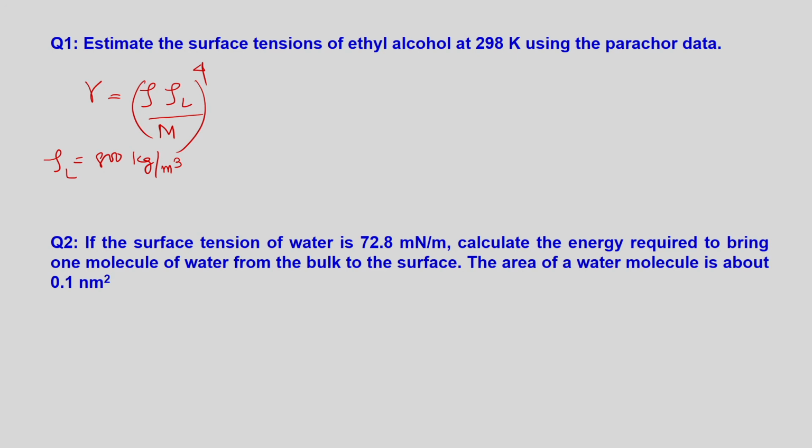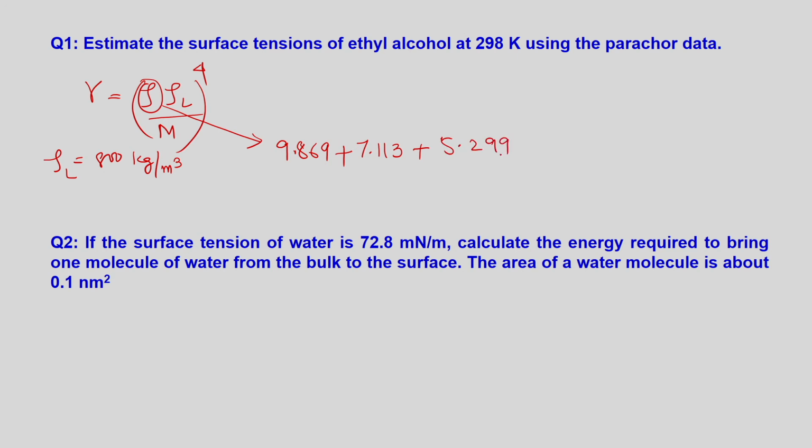Now, after this you compute the values. The Parachor volume here is a summation of the Parachor of the individual groups. The individual listing is CH3, CH2, and OH. So, this is equal to 9.869 plus 7.113, I will tell you what these values are from the previous table, and then you have 5.299.